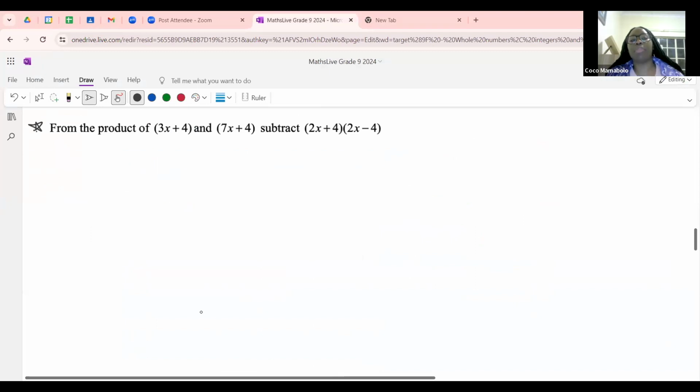It says, from the product of 3x plus 4 and 7x plus 4, subtract 2x plus 4, 2x minus 4. Right, let's start with what they actually mean here. Okay, what does product mean? Who can tell me, what does product mean, guys?